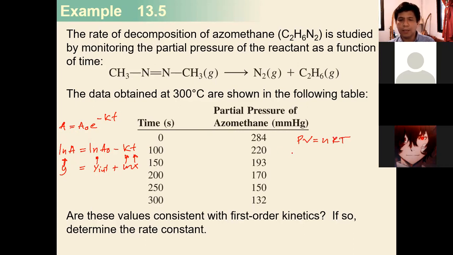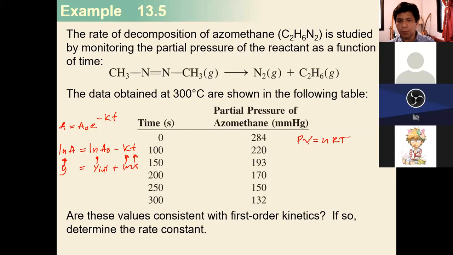To turn this into concentration, you only need n over V, so just transpose V to the other side of the equation. You will have n over V, and on the other side, P divided by RT.